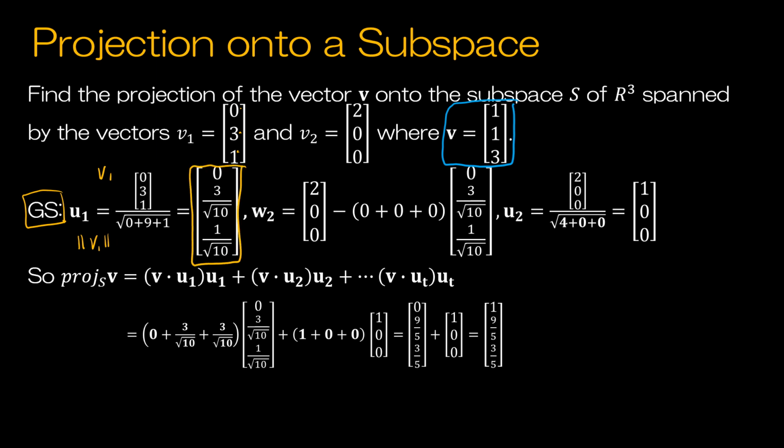Then I have to find U2, but in order to find U2, I have to find W2. And W2 is V2 minus the inner product of U1 and V2 times U1. So V2 is 2, 0, 0.